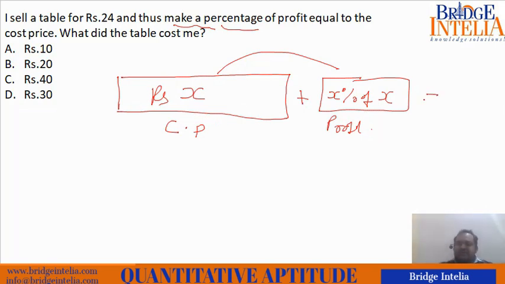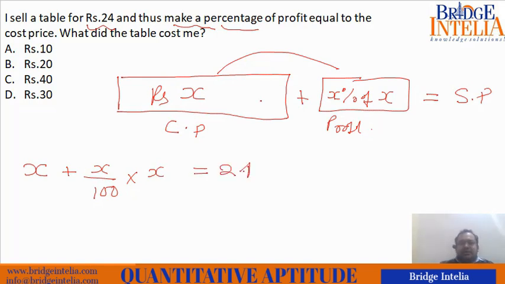So the sum of these two is equal to selling price, and selling price is 24. So let's solve this. So his investment was rupees X plus his profit is X% of X. So X% of X. So this is equal to 24.